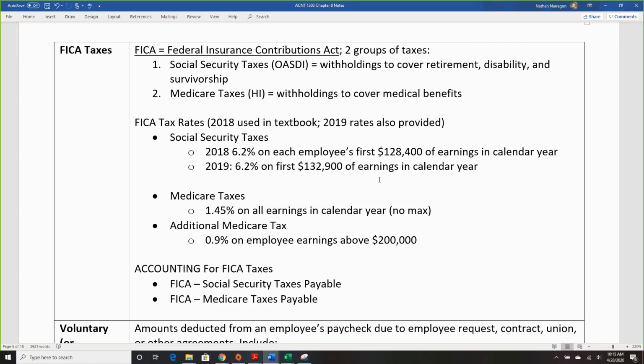Okay? Medicare doesn't have a limit. Medicare is basically 1.45% on all earnings. But once you hit above 200K, expect an extra 0.9% to be added on.